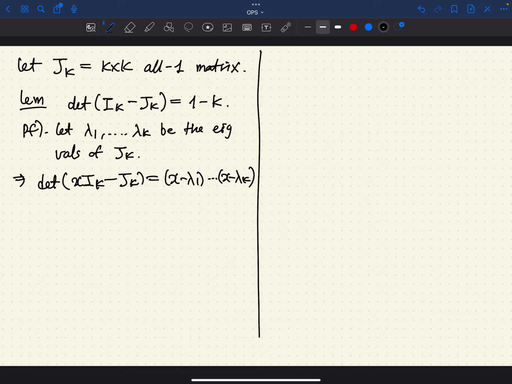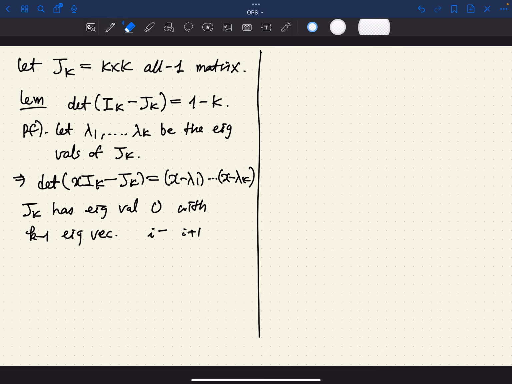For example, it has a bunch of zeros. So J_k has eigenvalue 0 with eigenvectors. We can find k minus 1 eigenvectors, namely epsilon_i minus epsilon_(i+1). Let's use epsilon, just to avoid confusion with the standard basis vector.